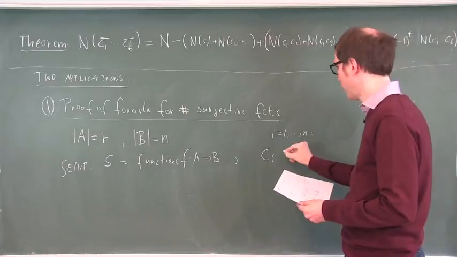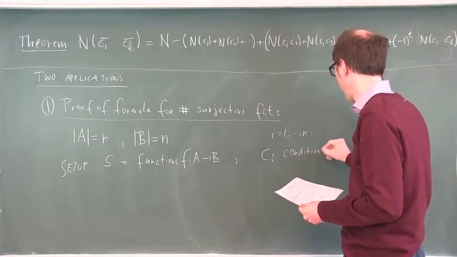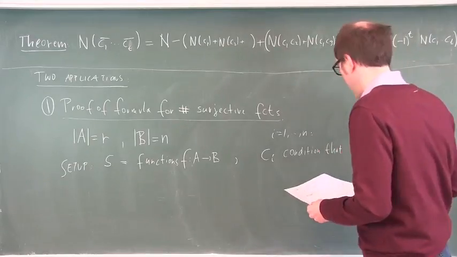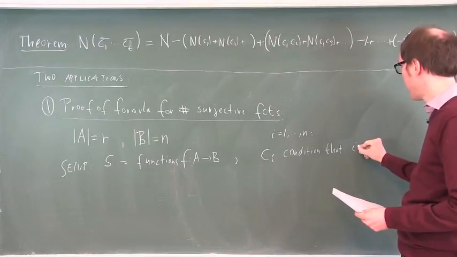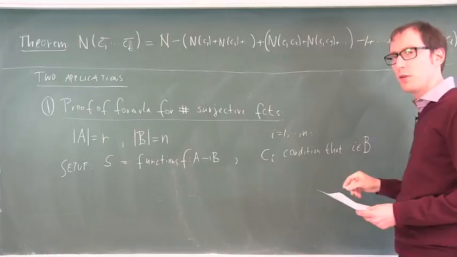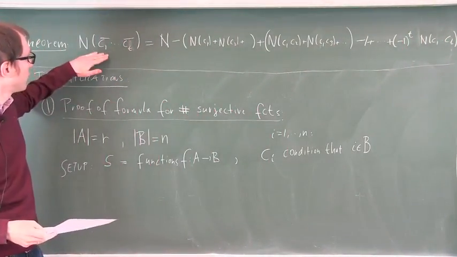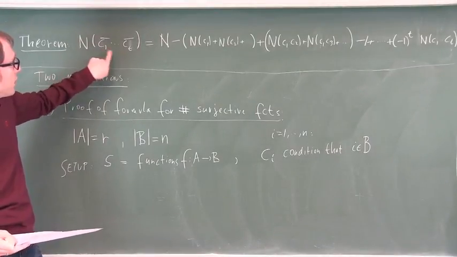We define Ci as a condition that a function f, the element i in B, well, now, should it be in the range or should it not be in the range? We want the surjective functions to be the ones that do not satisfy these conditions.